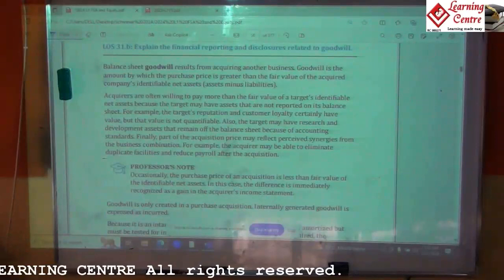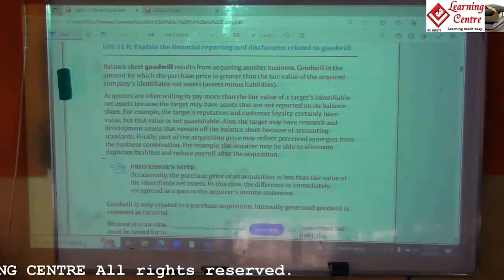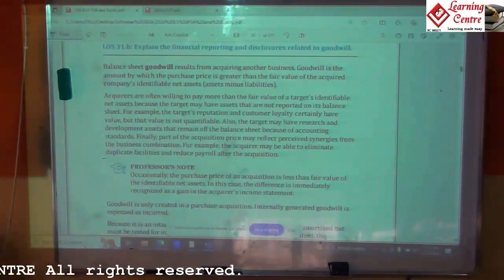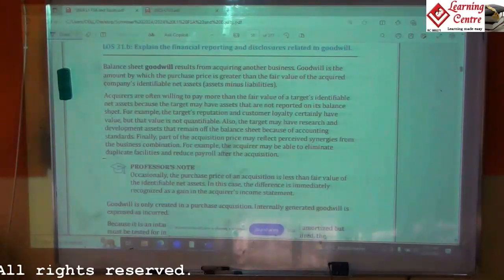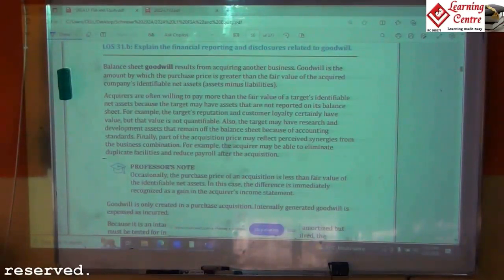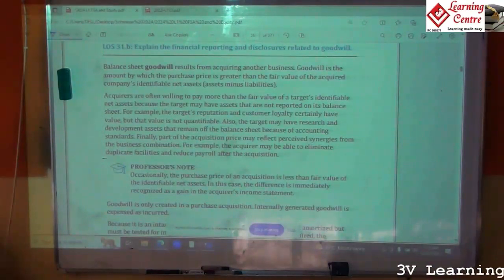So, like we were saying, goodwill. Let's quickly talk about goodwill. Goodwill results from acquiring another business. Goodwill is the purchase price when the purchase price is greater than the value of the acquired company's identifiable net assets.